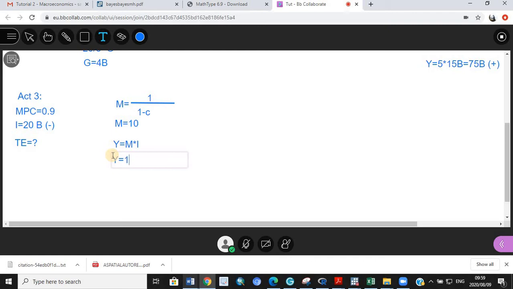So this is going to be equal to 10 multiplied by 20, which is the change, and the change in Y is going to be equal to 200. Let me just confirm: 10 times 20, 200.